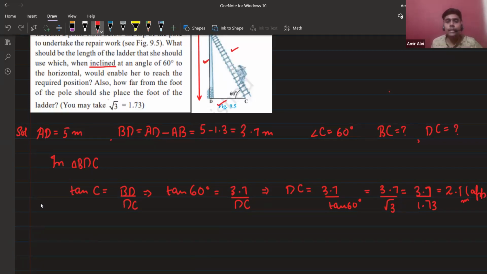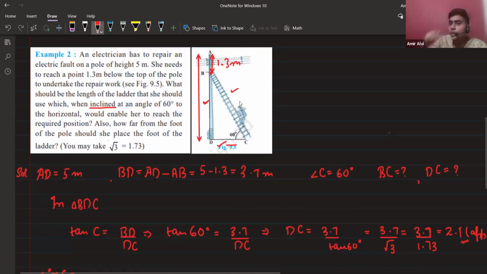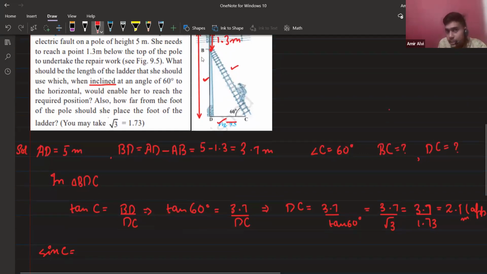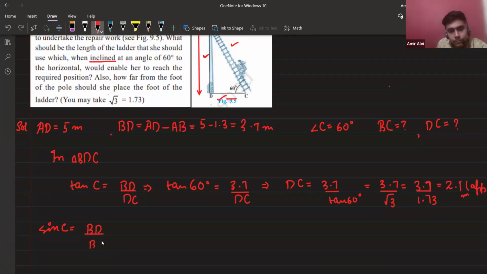Next, we have got the value of DC. Clear? Now we need to find the value of the ladder. What is BD by BC? In triangle BDC, sine 60 equals BD by BC.